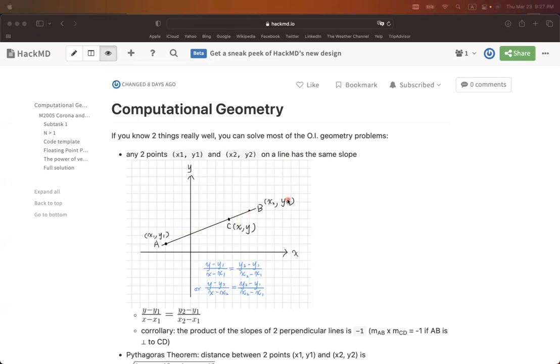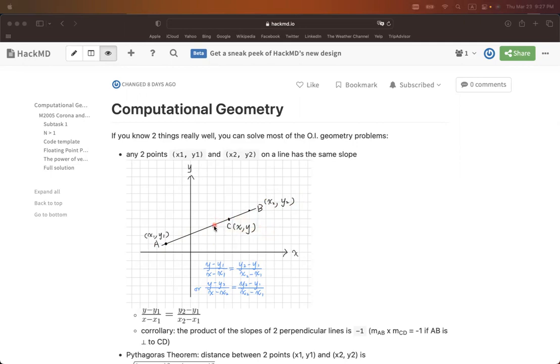So that allows you to write down the formula for a line given any 2 points. So point A and point B are both given, so x1, y1 and x2, y2 are given. And then any point on the line that runs through these 2 points, call it C, with x, y as coordinates, and x and y being variable, okay?